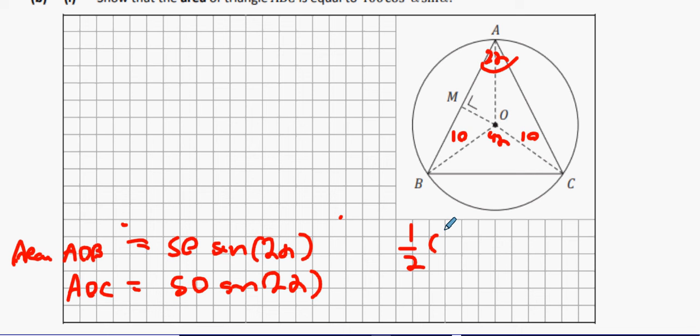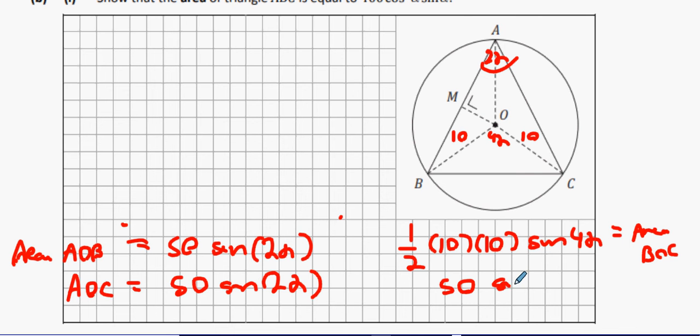Yeah, the book has a different way of doing it. The book does half base by height and does a lot of individual working out. The marking scheme, I mean. But I think I prefer my way. Okay, and that's for the triangle BOC. And that's going to be 50, half of 100 is 50 sine 4 alpha, alright?